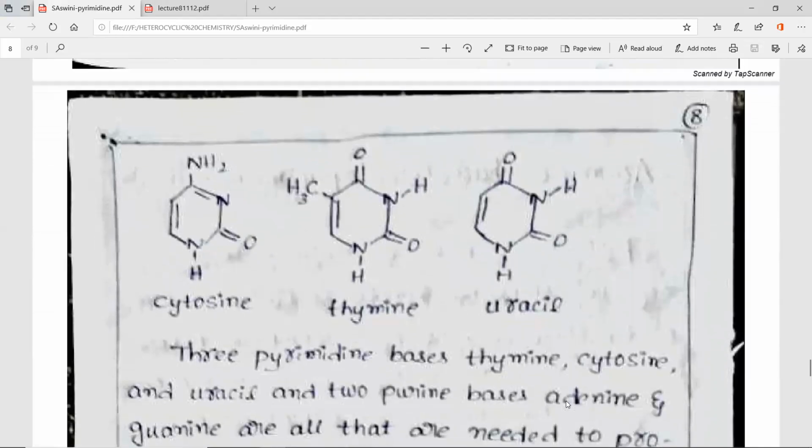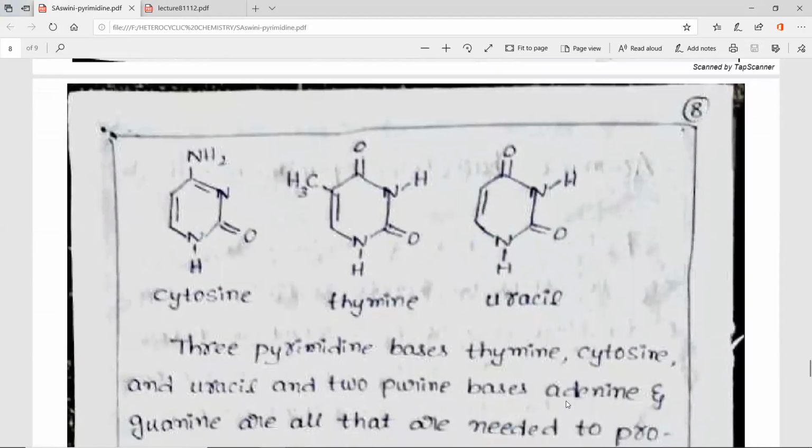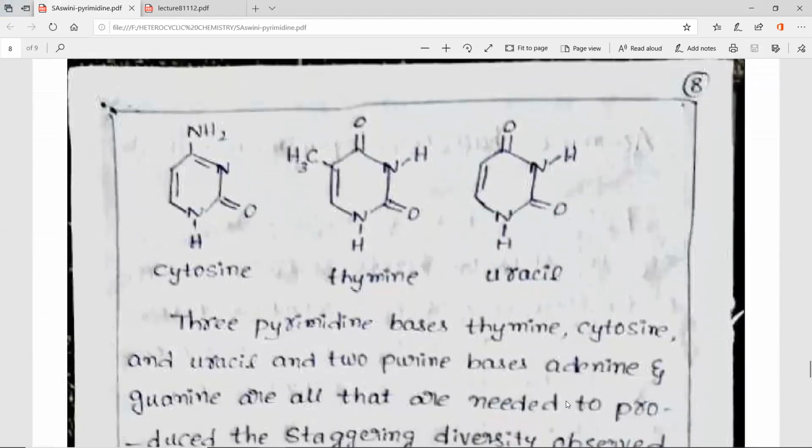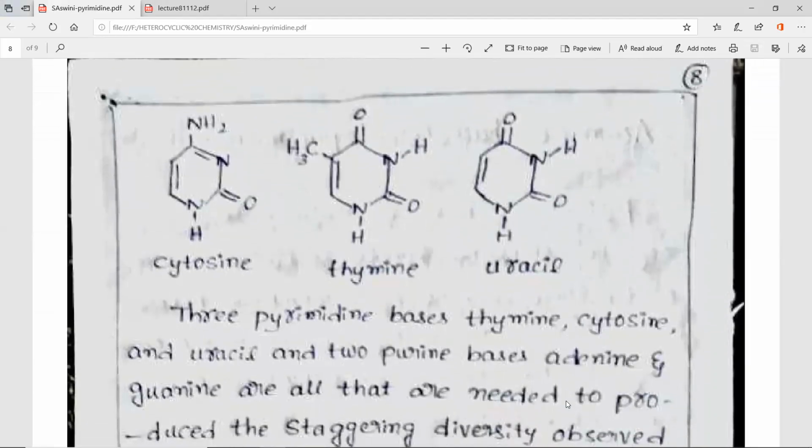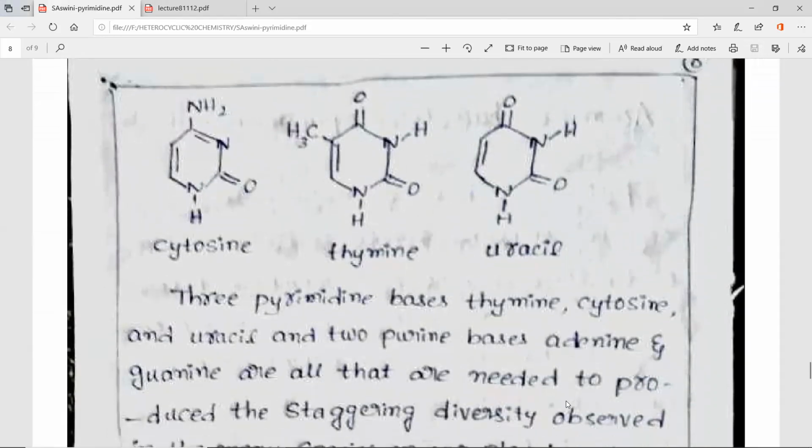So important compounds that are found in living organisms containing this pyrimidine ring system are the pyrimidine bases: cytosine, thymine and uracil. These are the pyrimidine bases which are involved in the formation of nucleic acids.